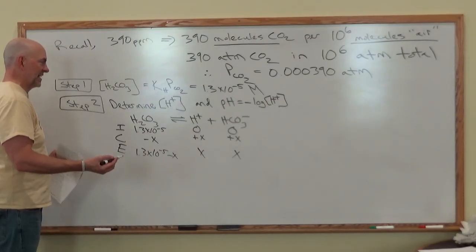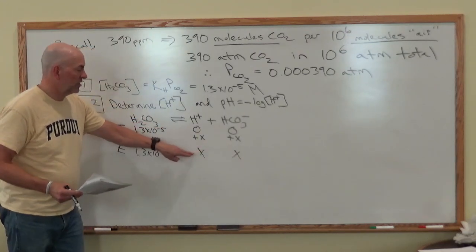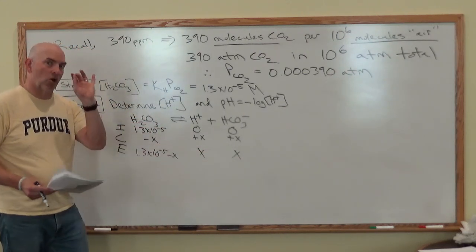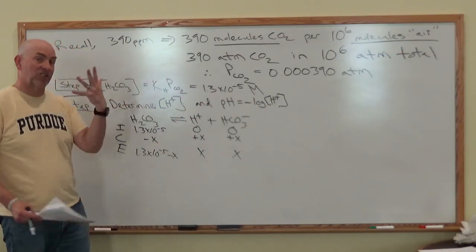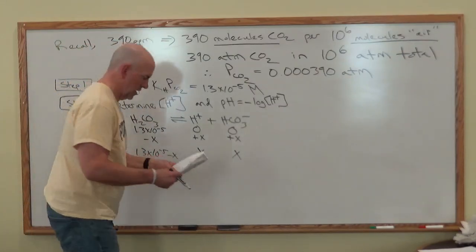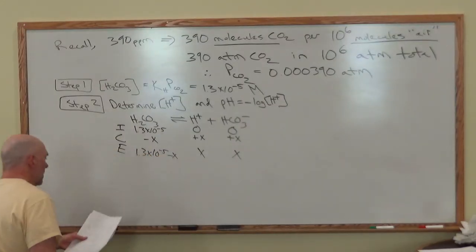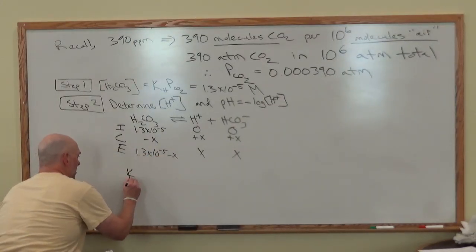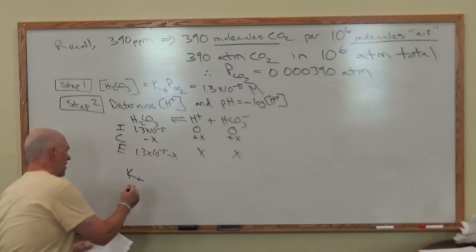Okay, where does that get us? That gets us where we have one unknown. X is our only unknown, and we take the ratio of this divided by this, and that's called Ka, and we solve for x. So let's see, I'm going to set this up right here. Our equilibrium constant, which is the value I gave you before, 4.5 times 10 to the minus 7, I guess I can write that.